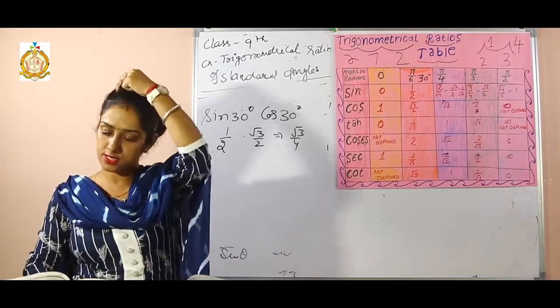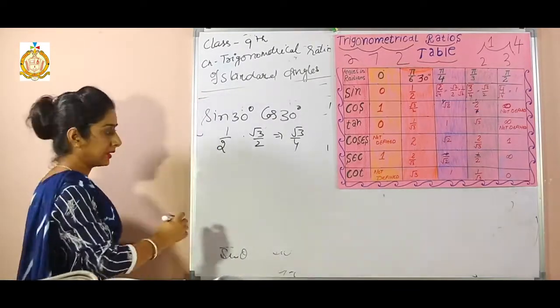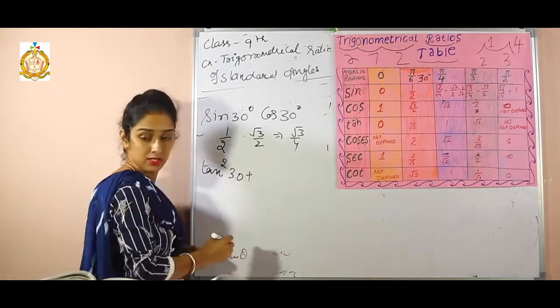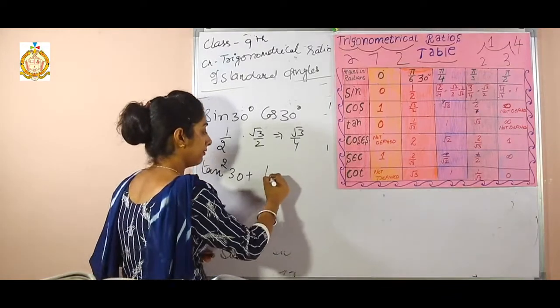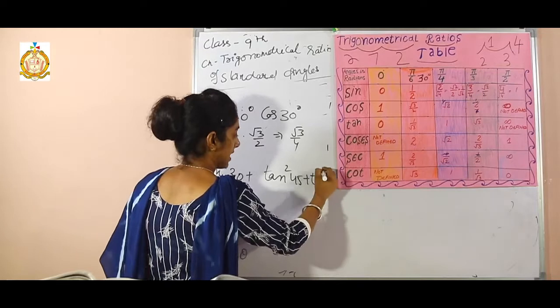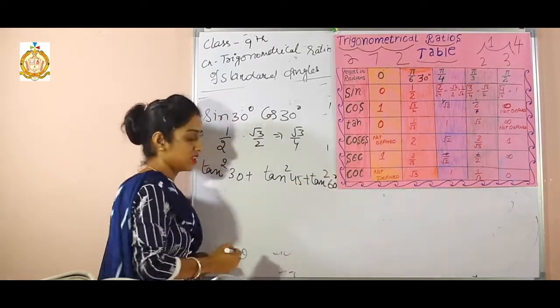Now see next. The second question: tan square 30 degree plus tan square 45 degree plus tan square 60 degree.